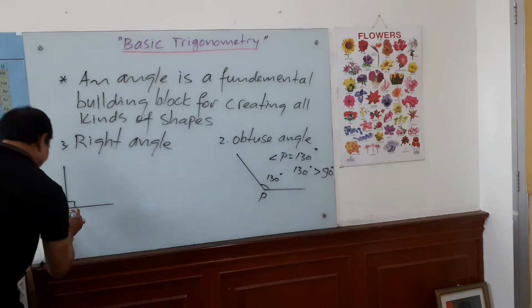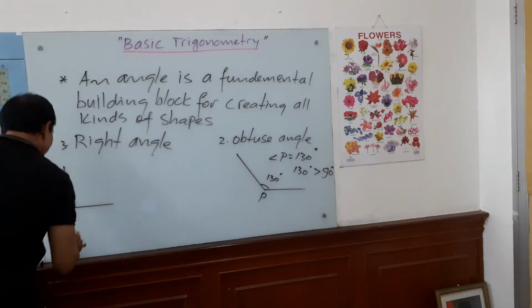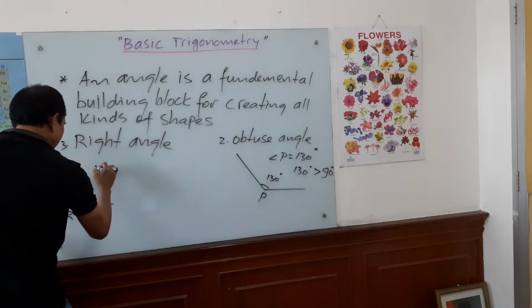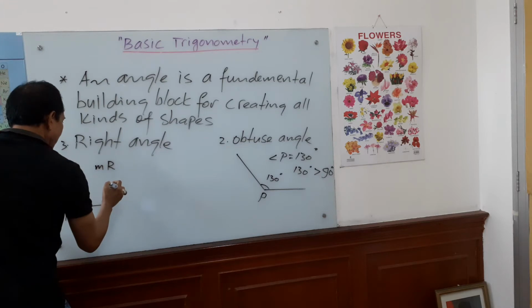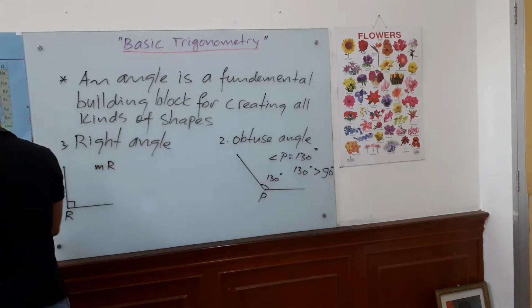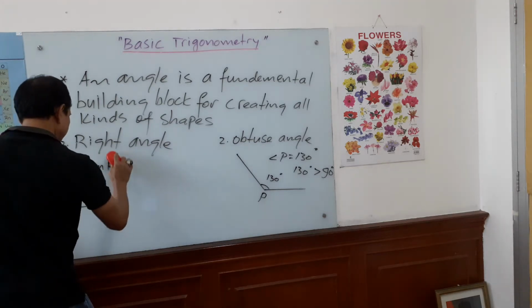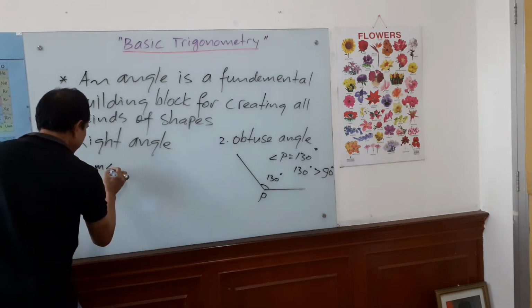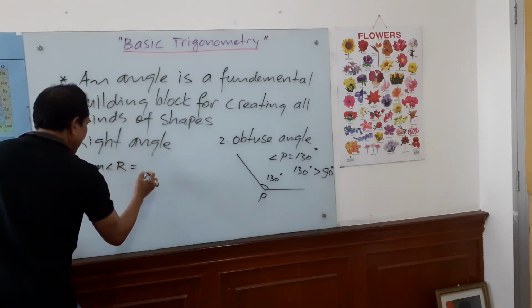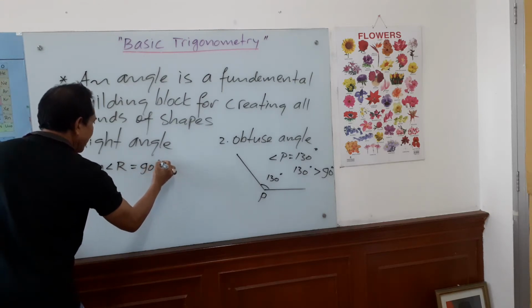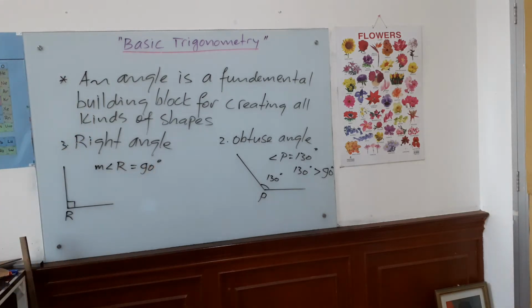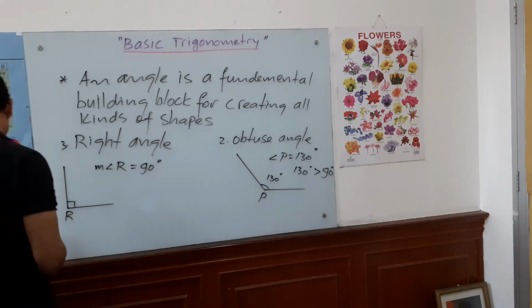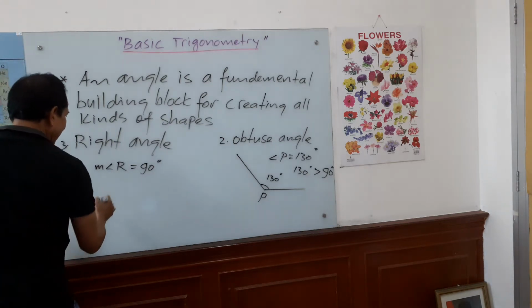For example, we name it R. Angle R equals 90 degrees.